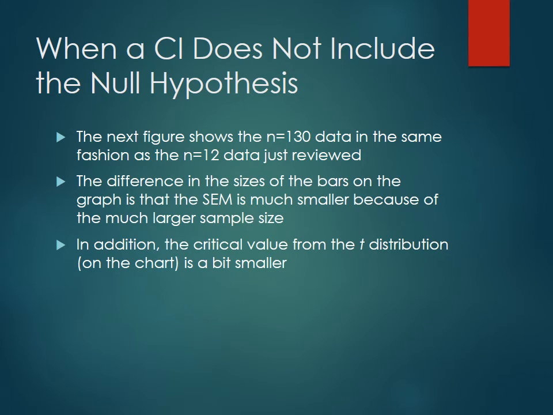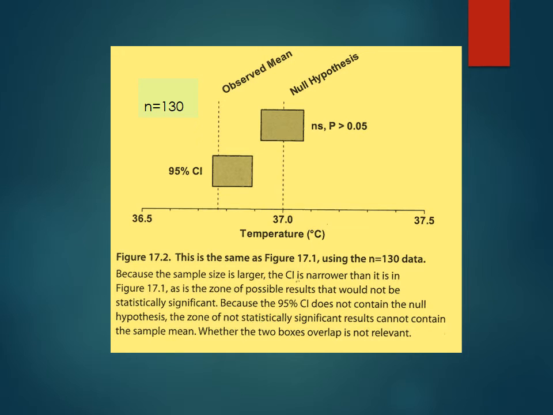The next one's going to show that same data set, but instead of using the n of 12, we're going to use that n of 130. And we said that an increase in the sample size decreases our standard error of the mean, which means our confidence interval goes down as well. So if you're looking at this, notice that your observed mean is lower than your null hypothesis there, but notice how the confidence interval does not encapsulate any of that null hypothesis mean.